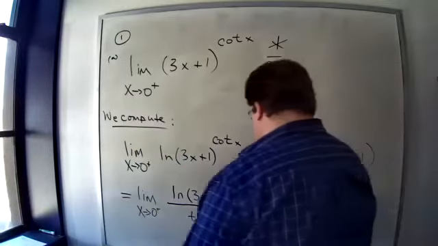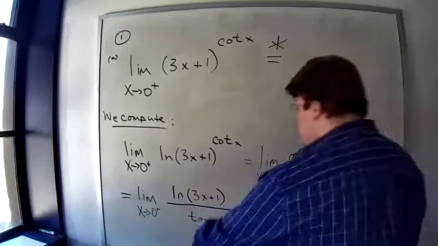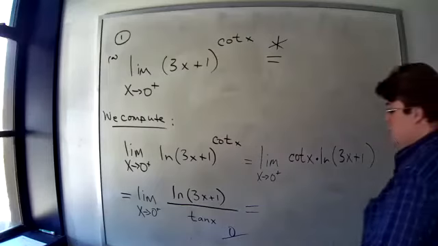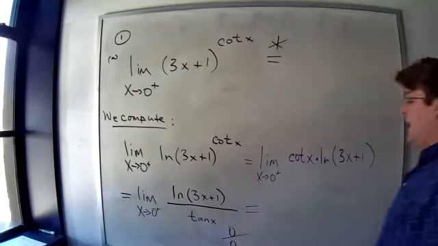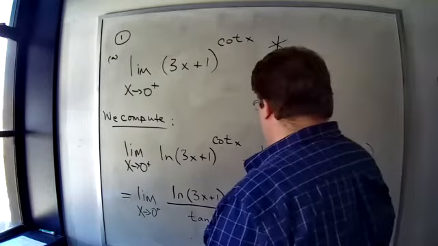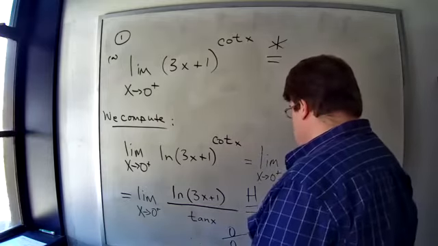Now, why did we do that? Well, now if you do a direct substitution, you'd get log of 1, which is 0, over tangent of 0, which is 0. And on that 0 over 0 form, L'Hopital's rule does apply. And what does it equal? Well, it equals this limit.